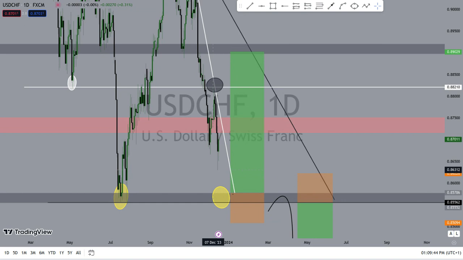So that's that for USD CHF. It's still looking very much bearish for now with some correction around this region. We're still looking down to tap in around this region for a long, or a break below this region for sure.